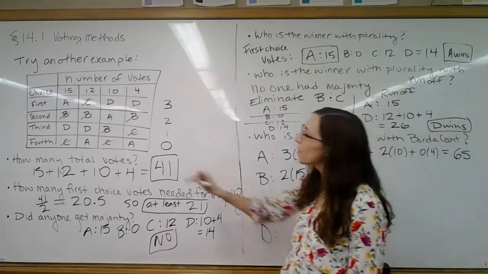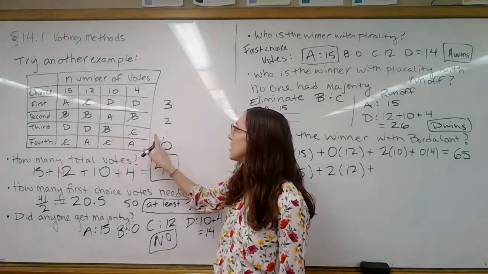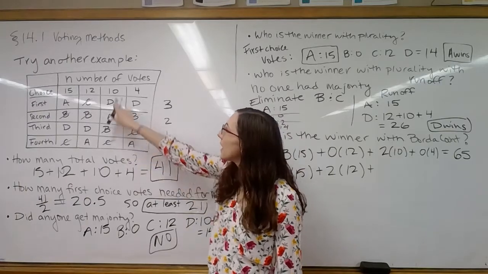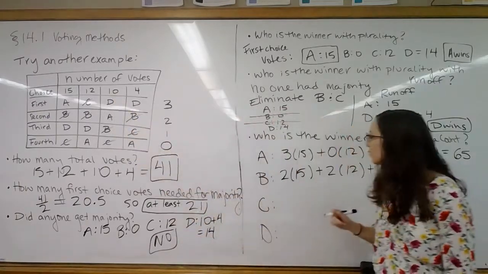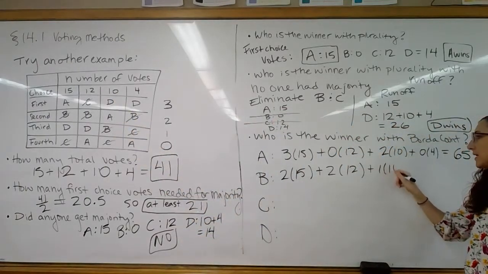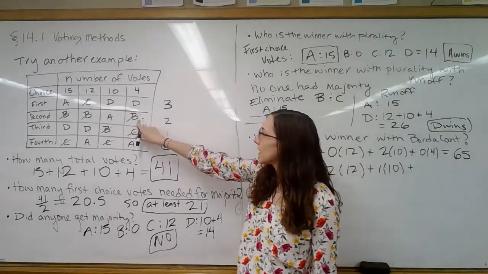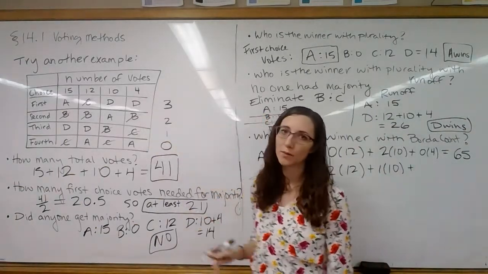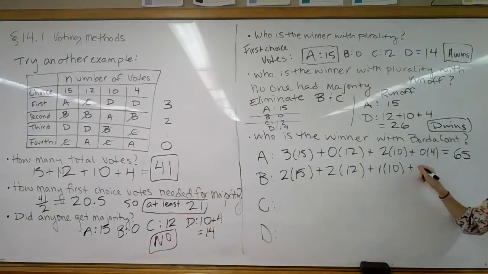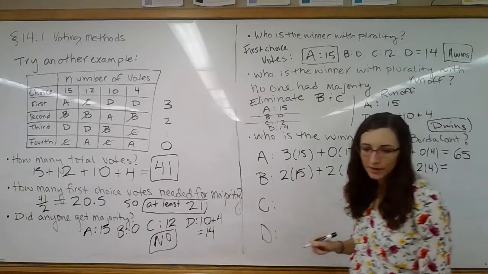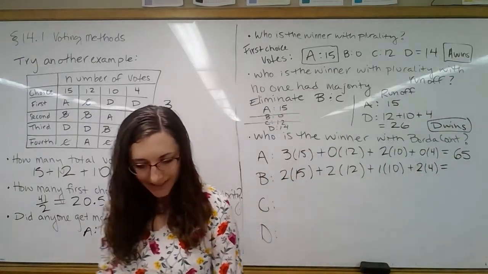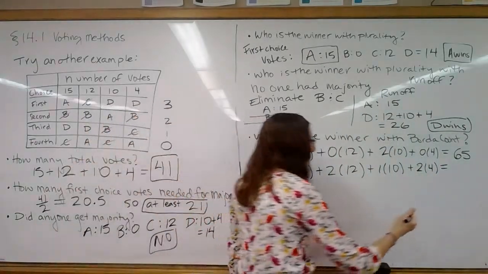In the third one, they're in third choice, so that's worth 1 point and it's 10 votes, so plus 1 times 10. And then in the next one, they jump to second again, so another 2 points times 4. So then if you add all that up, you should get 72.